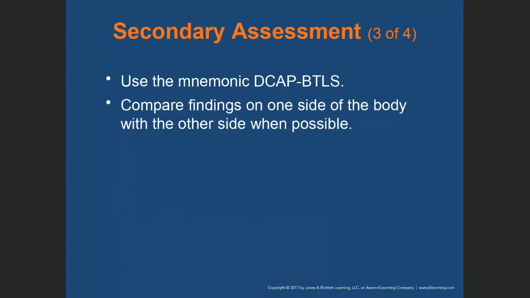You will use the mnemonic DCAP BTLS, and this is the same mnemonic you will use in your rapid scan. DCAP BTLS. D is for deformity, C is contusion, A is abrasion, P is puncture, penetration, and paradoxical motion. B is burns.